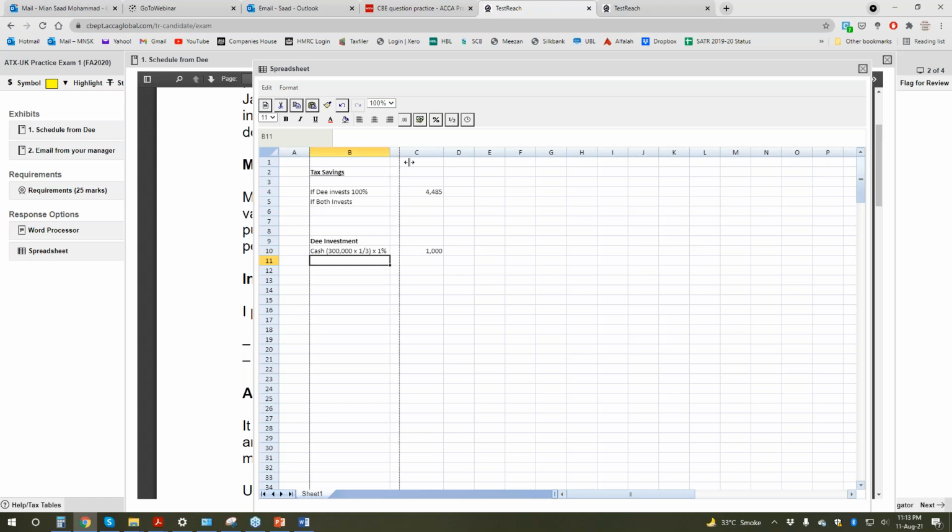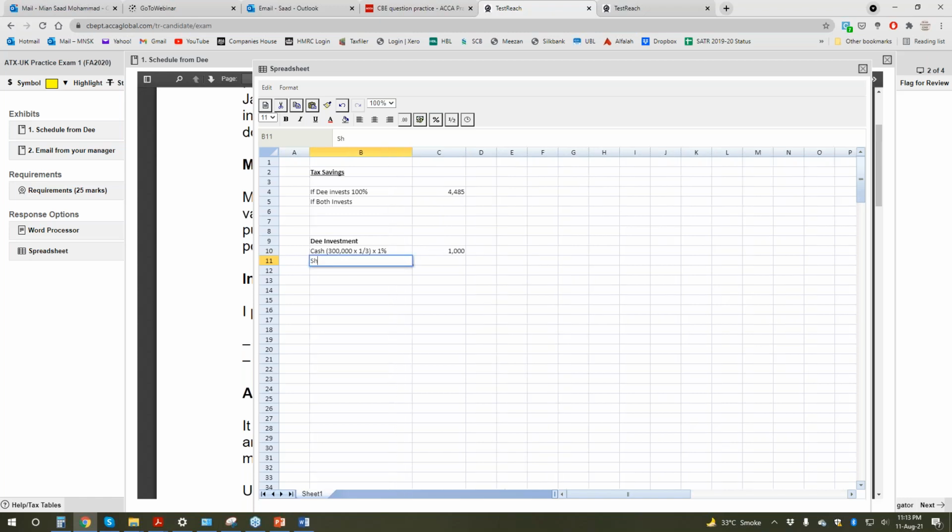Let's see what the investment on shares is. It will be obviously the remaining two-thirds, that is 200,000 I guess. And the yield on the shares was 4% if I remember correctly.